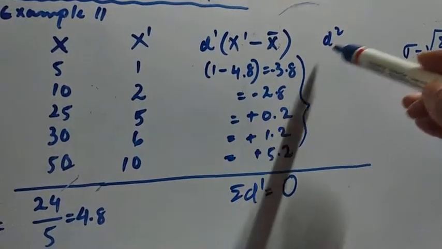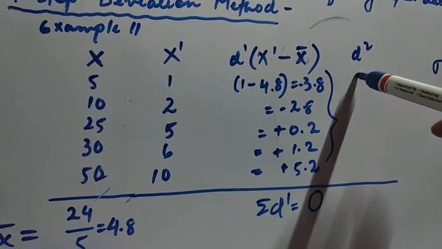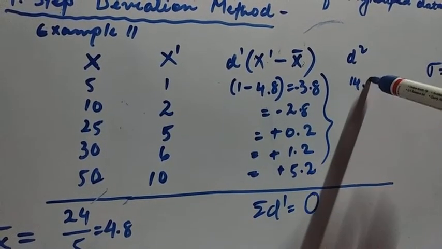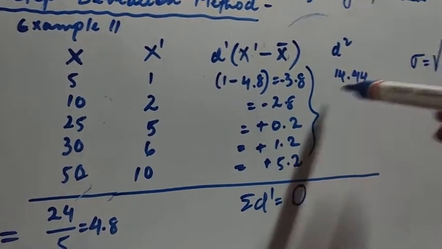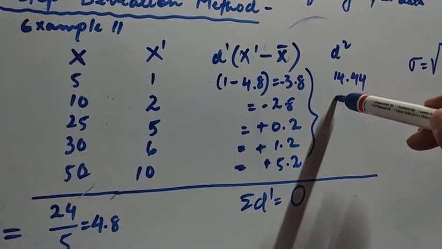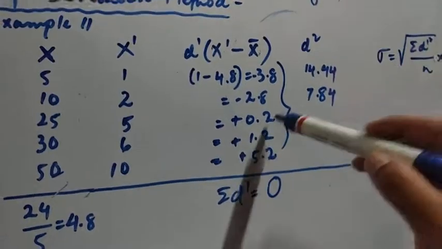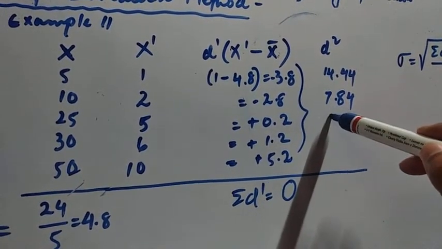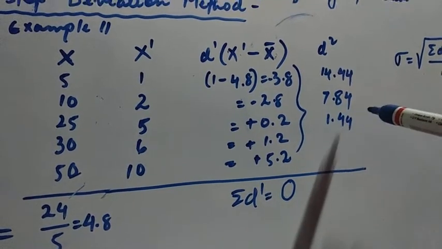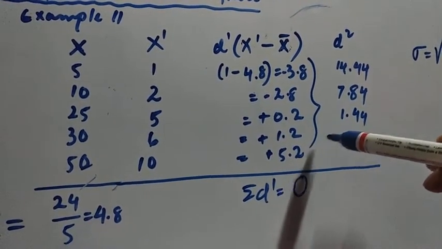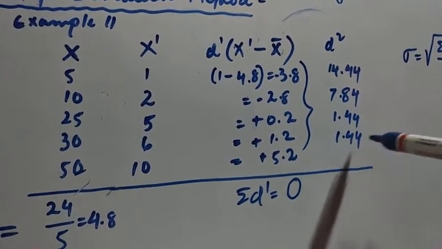Now what is d square? D square is this one. 3.8 square is how much? It would be, I think, 14.44. 2.8 square is 7.84. 0.2 square is 0.04. 1.2 square is 1.44.